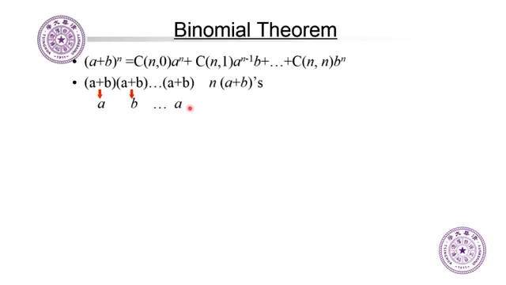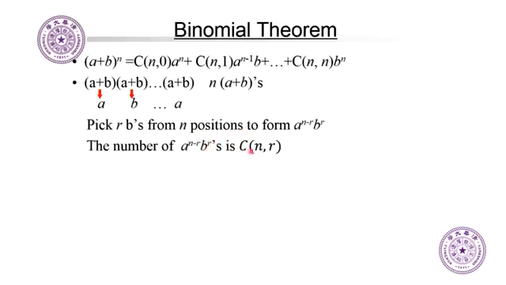For each item in the binomial expansion, a to the n minus r power and b to the r power, it means that r b's are chosen from the n (a plus b)'s. So its coefficient is C(n, r), which is the same as what the binomial theorem tells us. So we could see that there is a corresponding relationship between the binomial theorem and combinations.